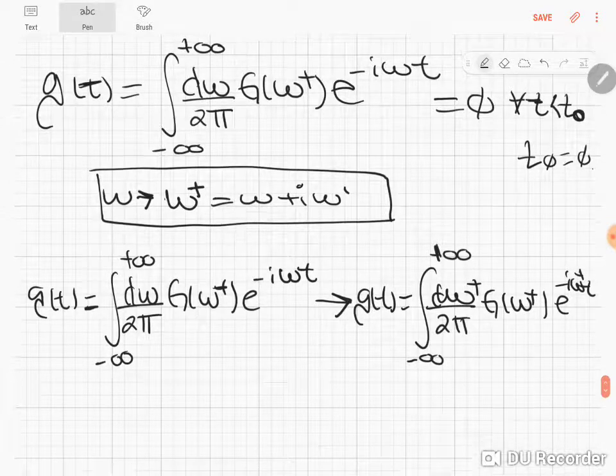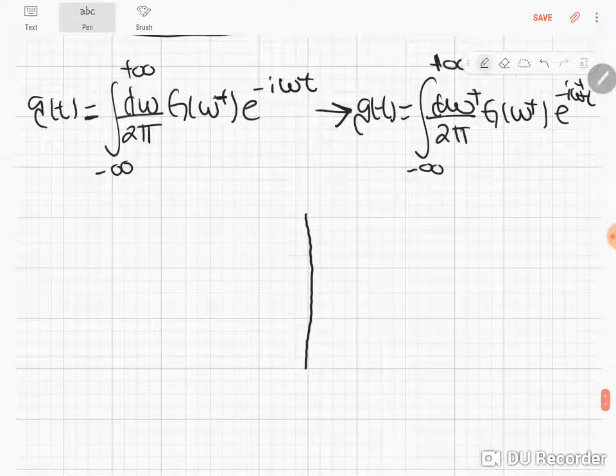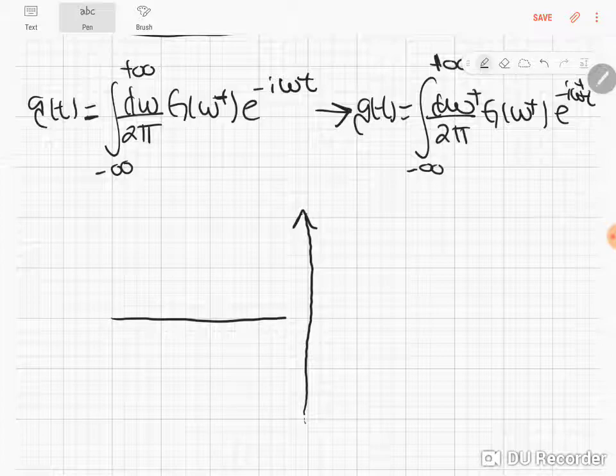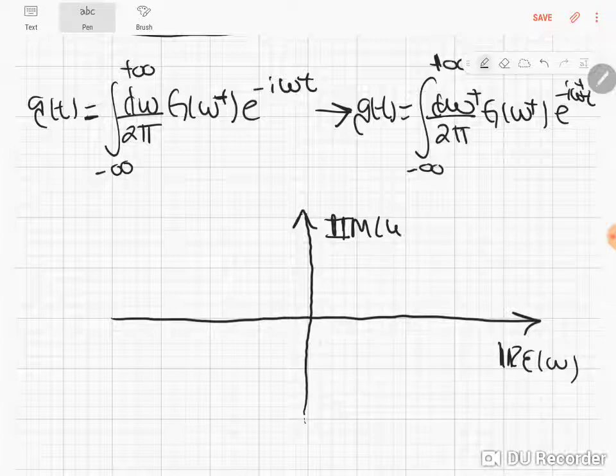Now graphically, what does that actually mean? This is what that means graphically. Forgive my drawing skills, they're just awful. This is the real part of omega. This is the imaginary part of omega.